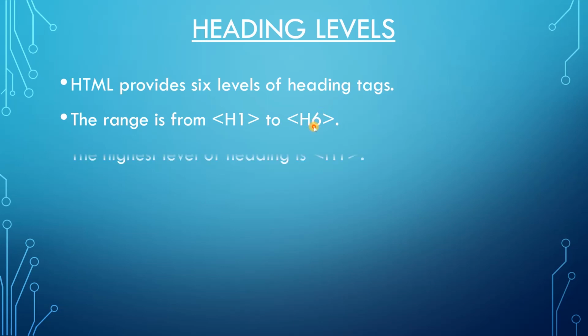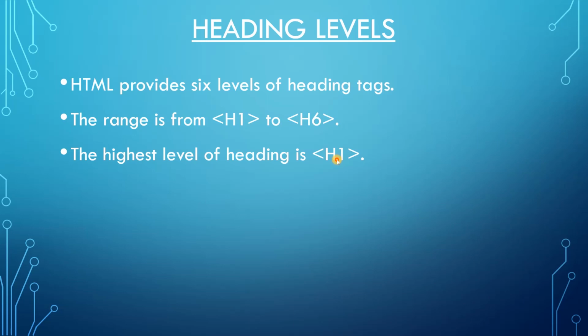Then the highest level of heading is H1. Now don't think that 6 is higher than 1. 6 is bigger than 1, so the highest level of heading would be 6? No. H1 is the highest level of heading. Highest level of heading means the font size of H1 will be bigger than H2, H3, H4, H5, H6. The biggest size will be in H1. Size of heading will be bigger in H1.